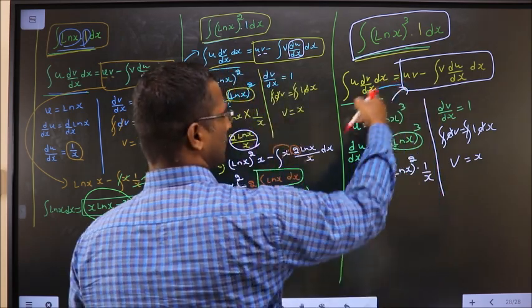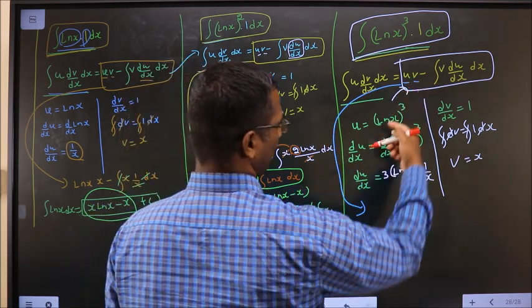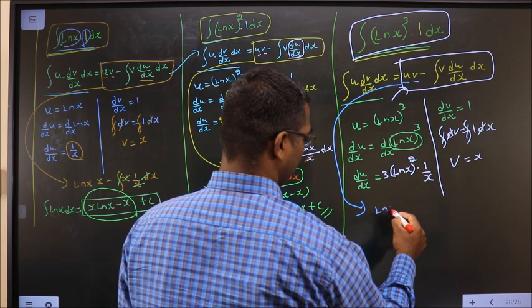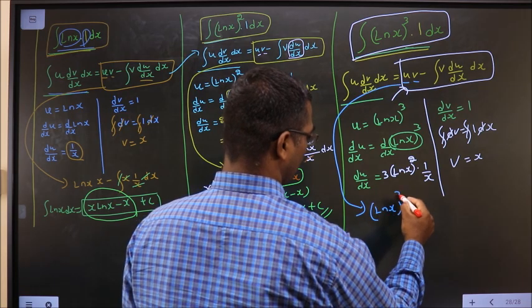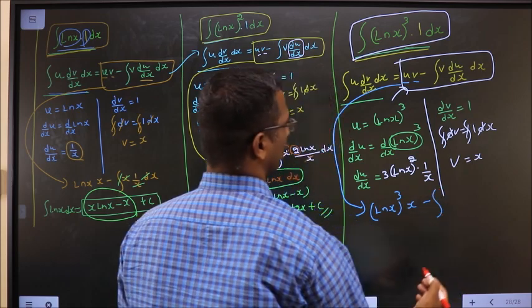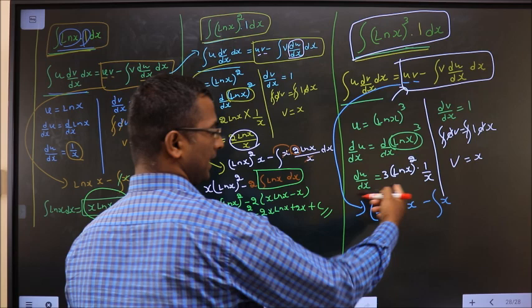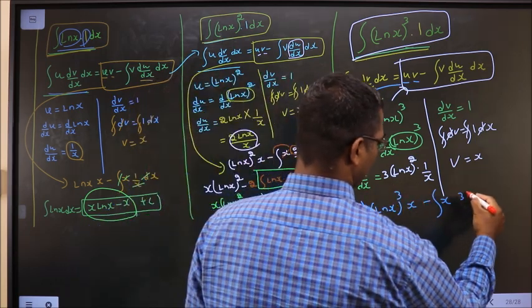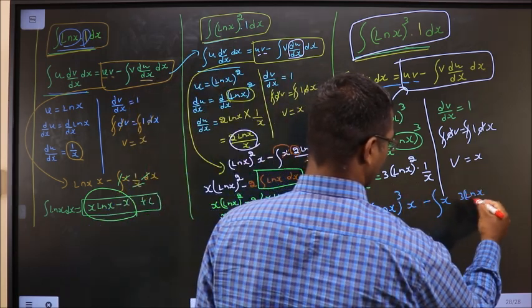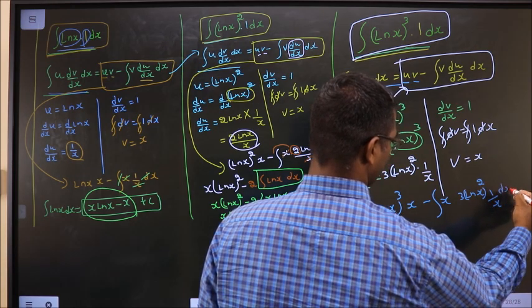So this will now change to u into v. So u is ln x whole cube, v is x minus integration of v is x, du by dx is this 3 ln x whole square times 1 by x dx.